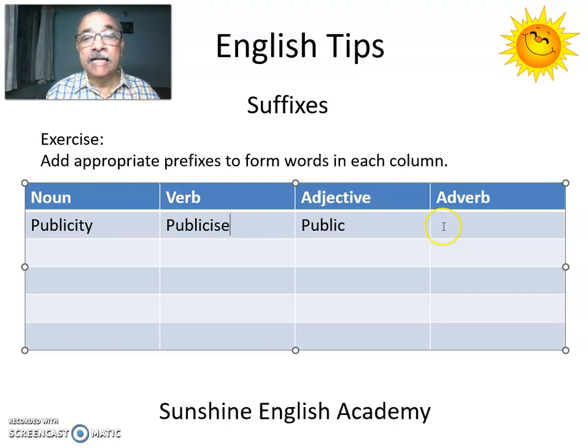Next, let us think of an adverb. So, what will you add to form an adverb? What shall I add now? Ly. That makes it publicly. This is an adverb.